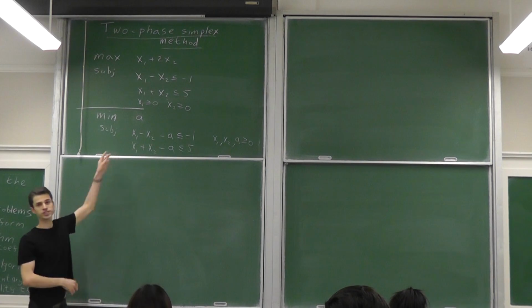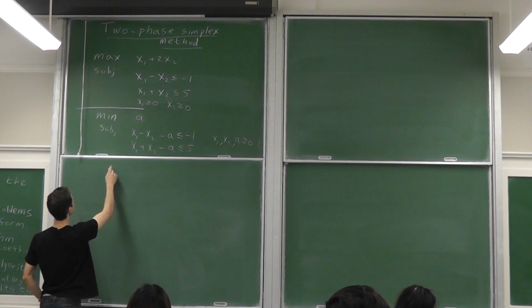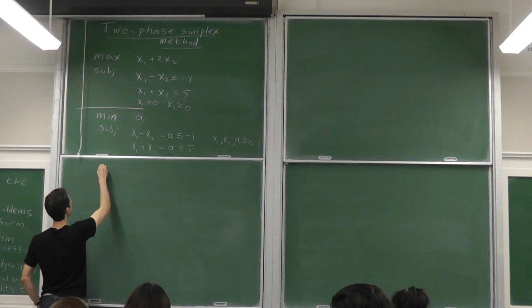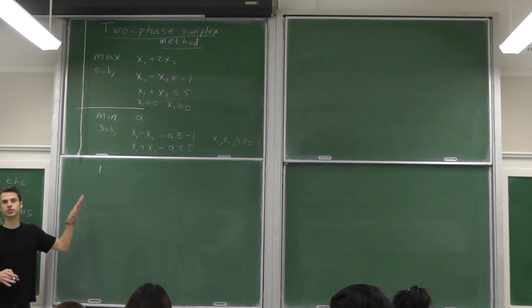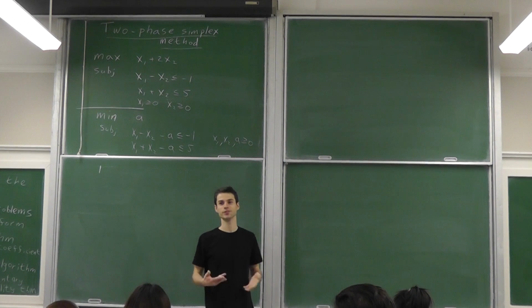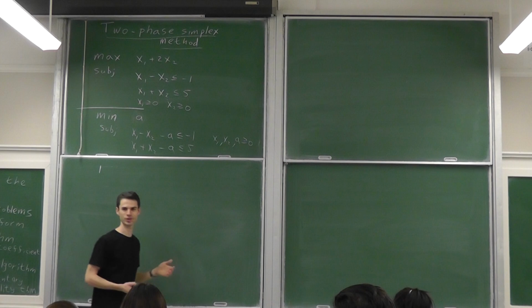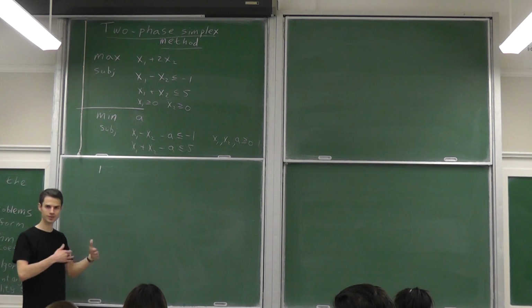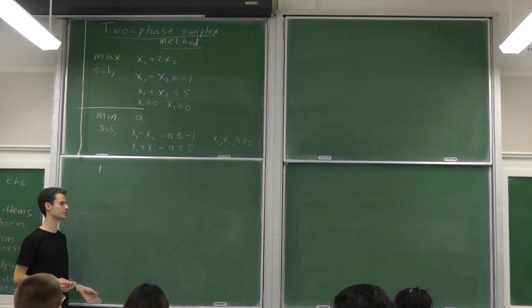Okay, next I'll formulate this in table format. Once again, it's not necessary, but it's a good idea to get used to solving things in table form. It's faster. You don't have to write as much, and the computations are somewhat more organized.